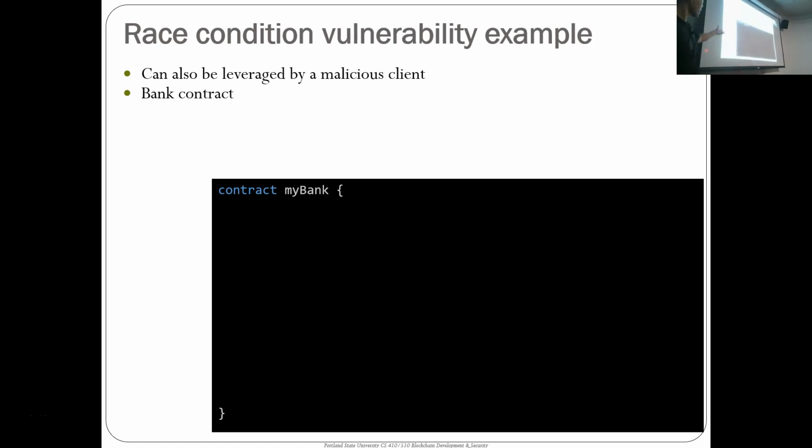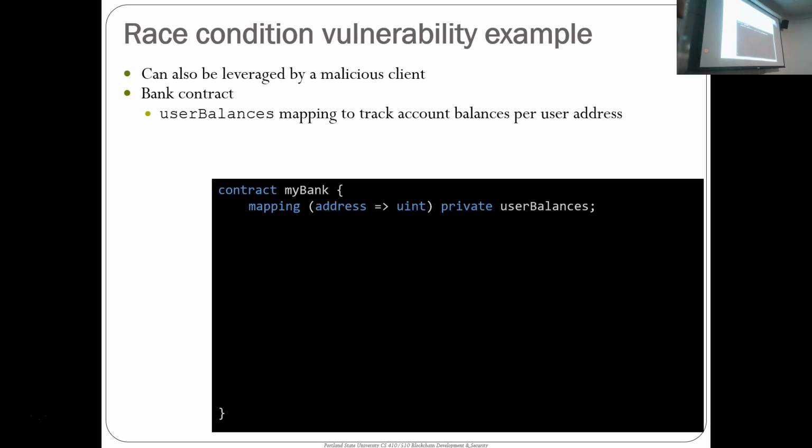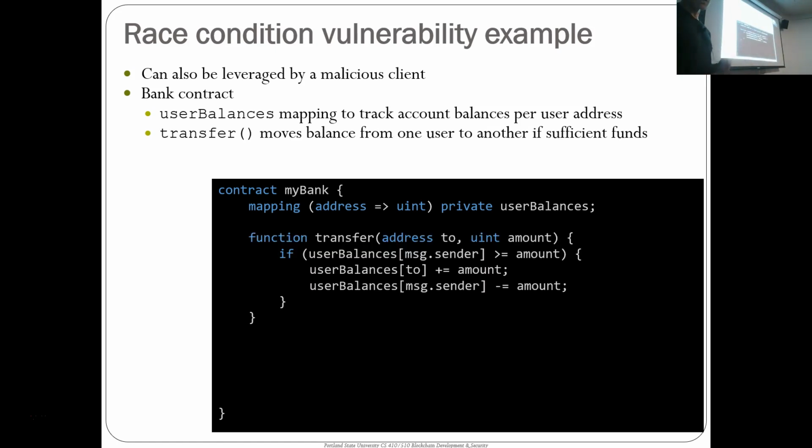You have a bank contract here that's storing Ether, and a user balances mapping that says what the balance is for a particular user, so that you can properly withdraw and transfer money. This contract has a transfer function that moves the balance from one user to another if there are enough funds in the sender.